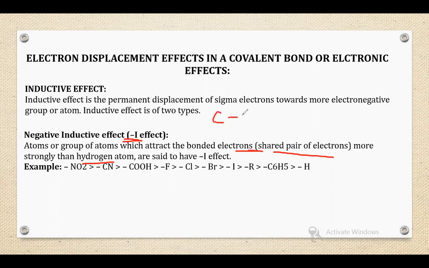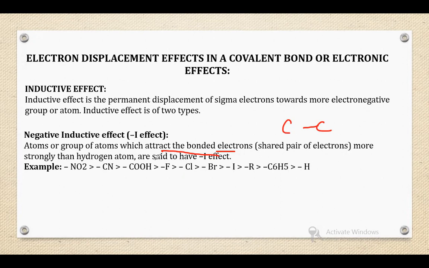The carbon-hydrogen bond is considered the standard: greater electronegativity than this, or less electronegativity than this, is how they are separated. So notice that if the atom or group of atoms attracts the bonded electrons more strongly than the hydrogen atom, then it is said to have the negative inductive effect, the minus I effect.